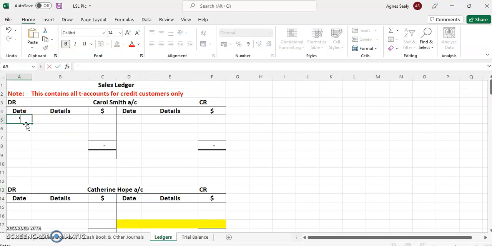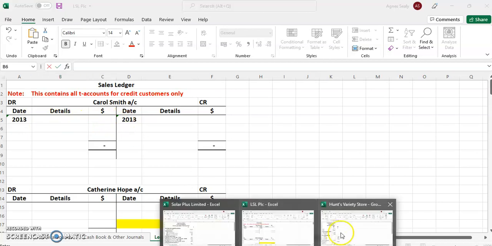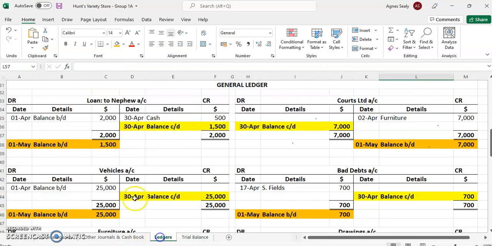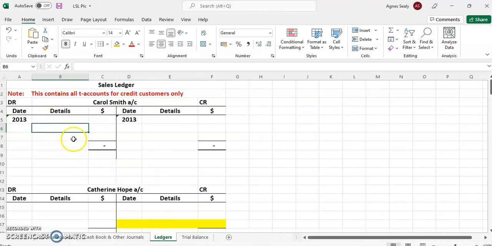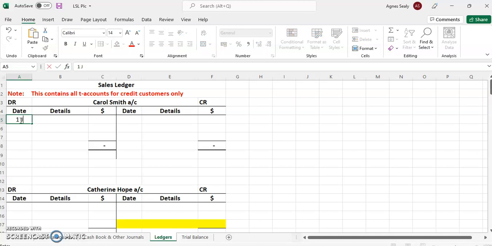2013. And it is balance here. This is July, 1st of July.